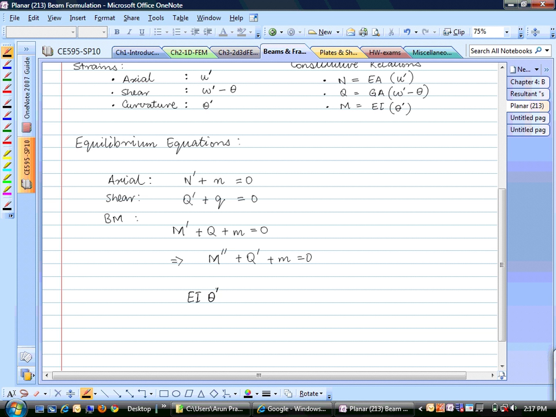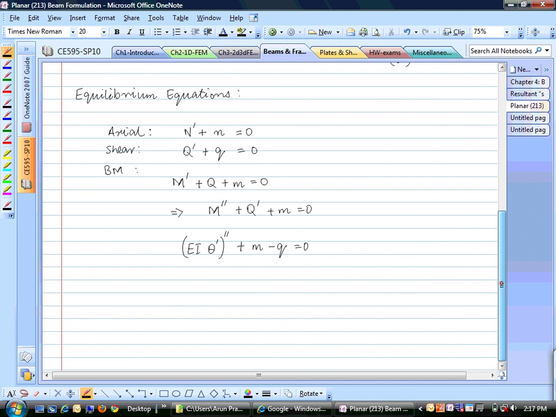theta prime times double derivative plus m minus q is equal to 0. So this is still Timoshenko beam theory.